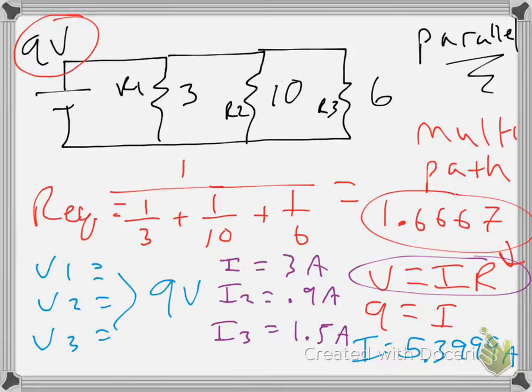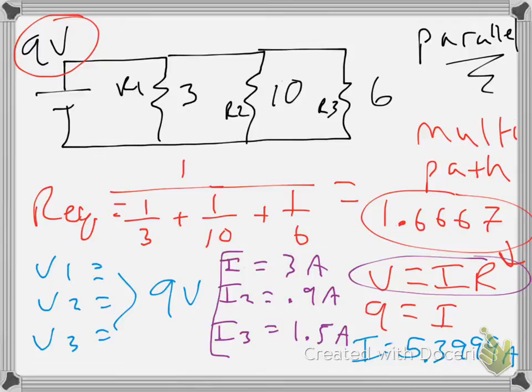So let's add all of these together and see what we get. 3 plus 0.9 plus 1.5, I get 5.4. That is pretty darn close to 5.4. So that is how you find the voltage and current across resistors in parallel.